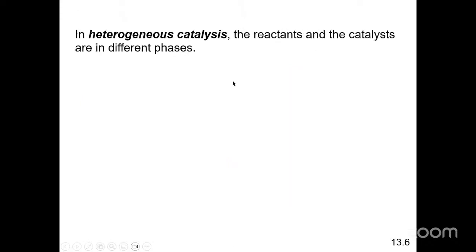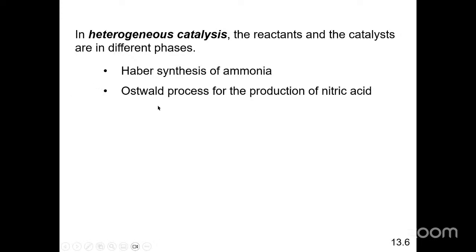Okay, so there are two broad categories of catalysts, right? You have heterogeneous and you have homogeneous. In the case of heterogeneous catalysts, the reactants and the catalysts are in different phases. A good example of this would be the Haber synthesis of ammonia. Another example would be the Ostwald process for the production of nitric acid, all right?